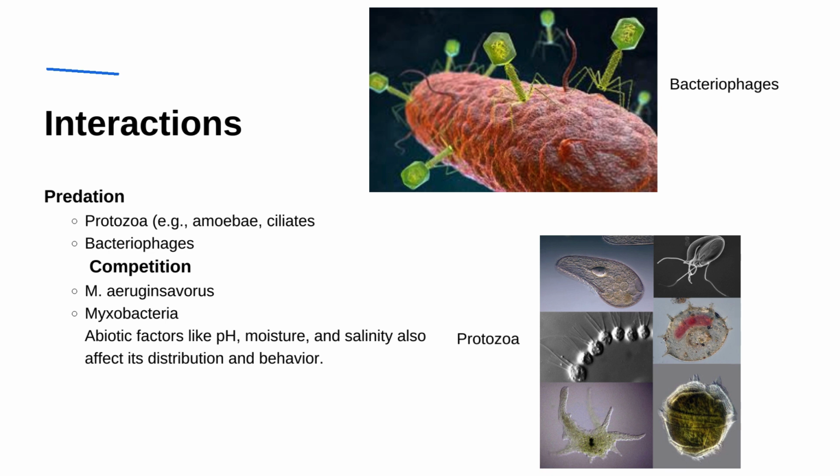With these two types of predators, Bdellovibrio does like any other predator against prey. Of course, it tries to eat first. It tries to attack first so that it can consume the other species, and so that it can continue to get the nutrients and continue to have prey availability.